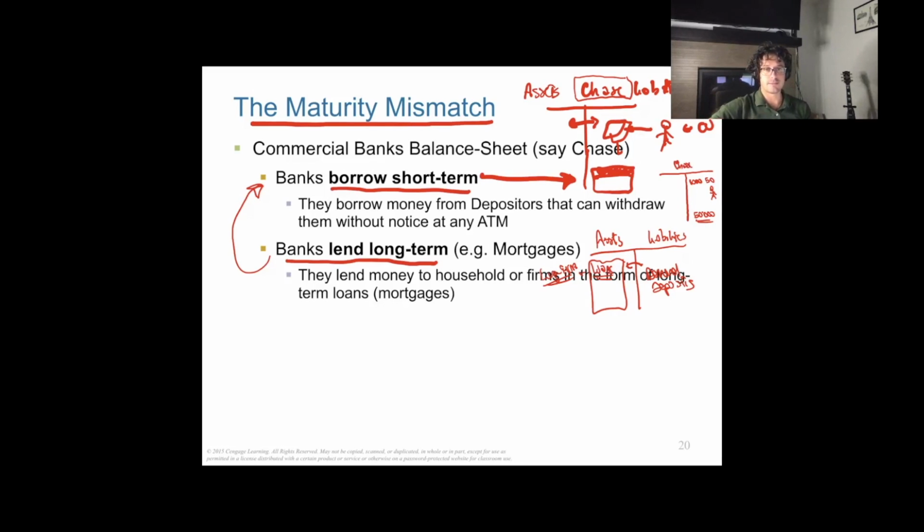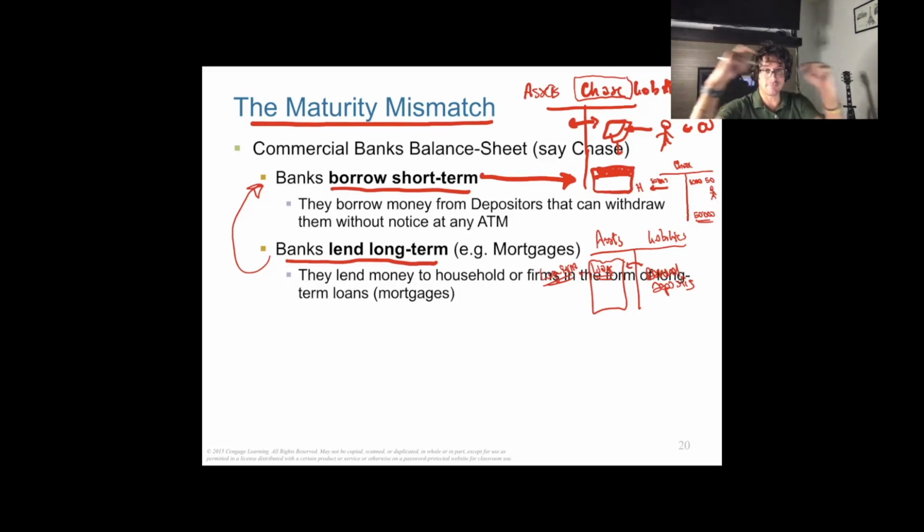Now, Chase can decide to use and give this money to a household, say household H, $50,000, and every month it receives a payment. The household uses this $50,000 for, say, purchasing a house, and every month pays back $100. Now notice that at this moment, Chase does not have this money anymore.